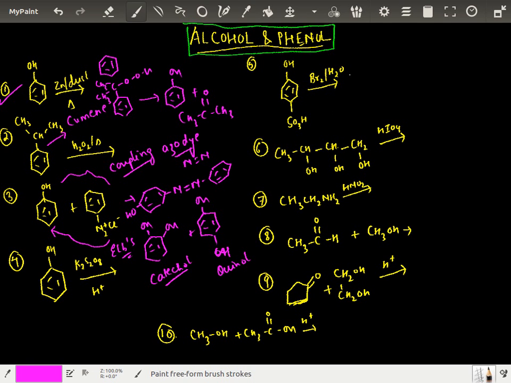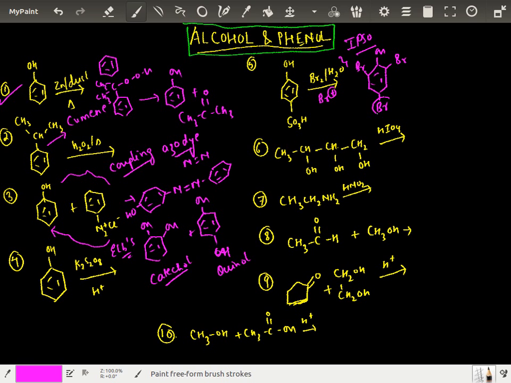Next reaction. This is an example of the ipso effect where the bromine water will give us excess of Br plus. So what effectively happens is that OH is an activating group, a plus R group. So we have bromine at the ortho position, but SO3H is also replaced by bromine.